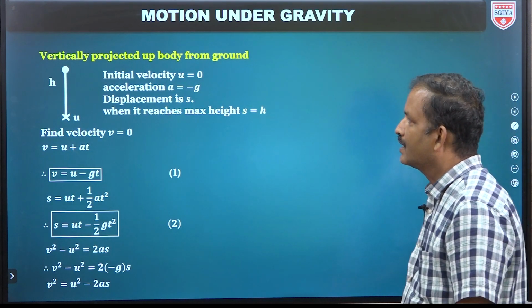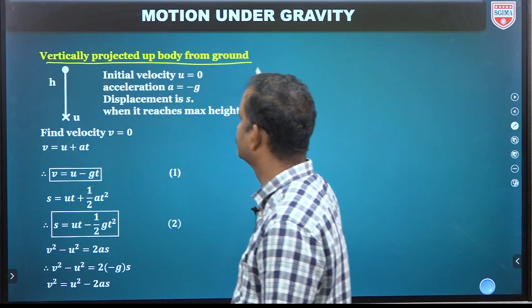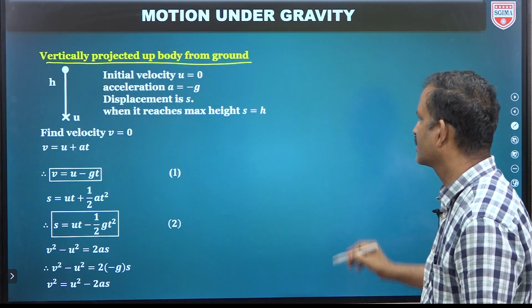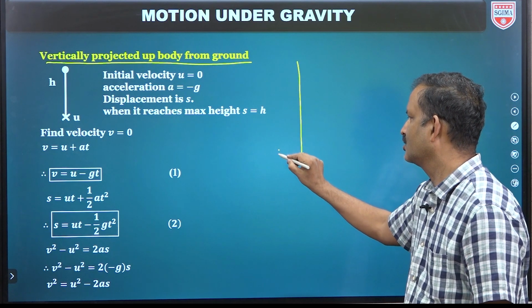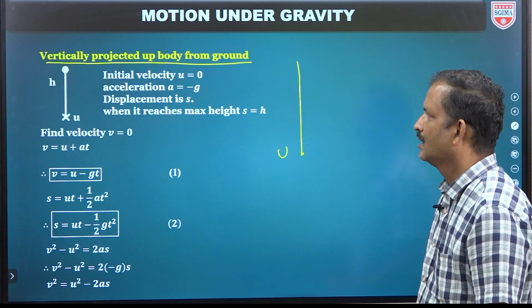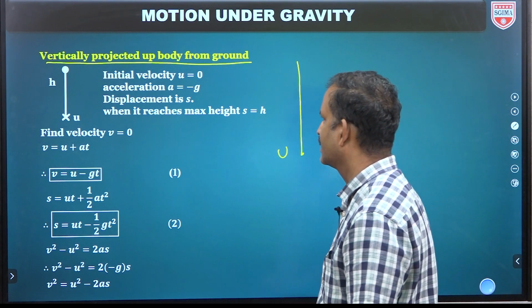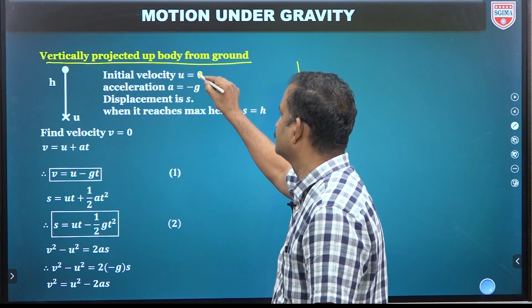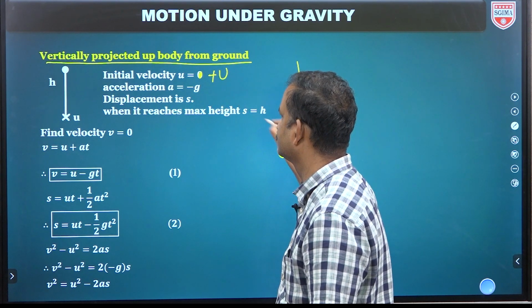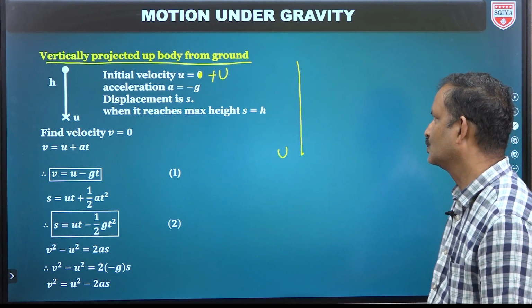Now, a body vertically projected up from the ground with some velocity u. Here I am following the sign convention. u is positive, an upward quantity, plus u.